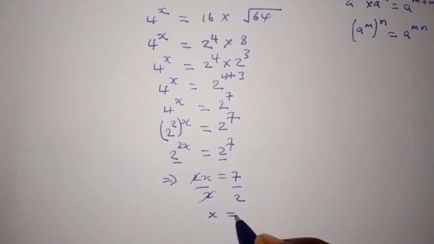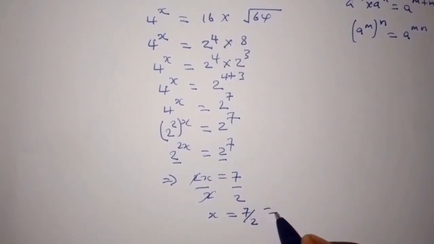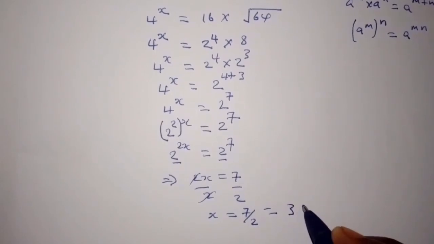X is equal to 7 over 2, which is equal to 3 and a half. So x is equal to 7 over 2, which is equal to 3 and a half.